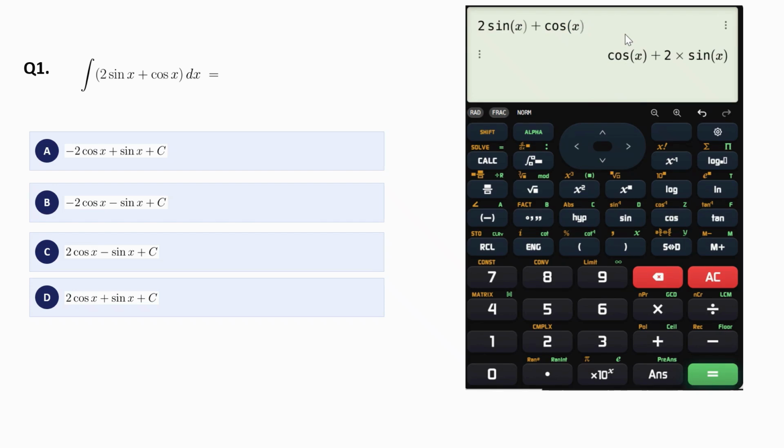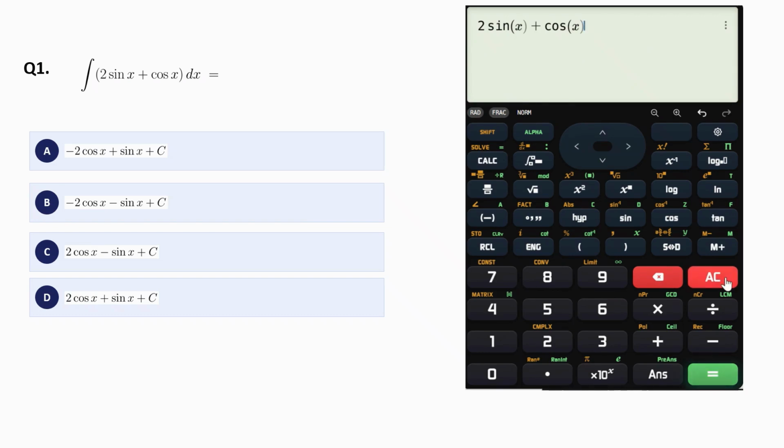Once you reach here, let's click on the calc function and enter a small value. Any value you can enter. I'm going for 0.1. Avoid 0 or any whole numbers. Okay, let it be a decimal. Then let's click on equal to, and we get the answer 1.19467.